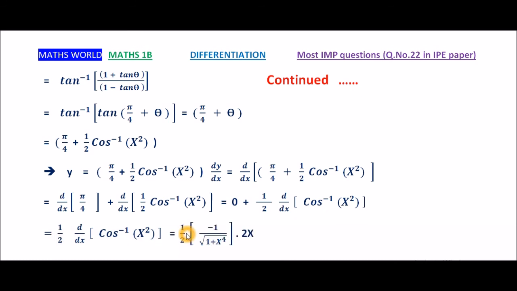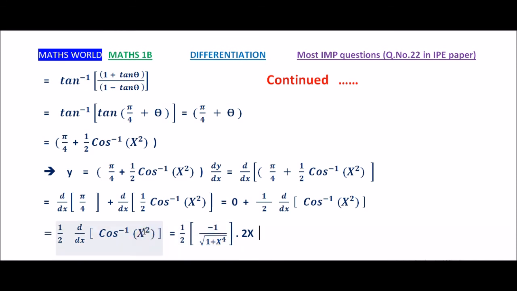Here don't confuse, we know the derivative of cos inverse x is minus 1 divided by root of 1 minus x square. In the place of x, it is x square, whole square is x power 4 we are getting.